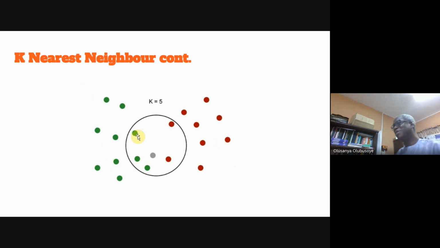This time, we have decided to choose the nearest 5 dots as neighbors. The 5 nearest, so to say, the 5 nearest dots to the gray that we want to classify.